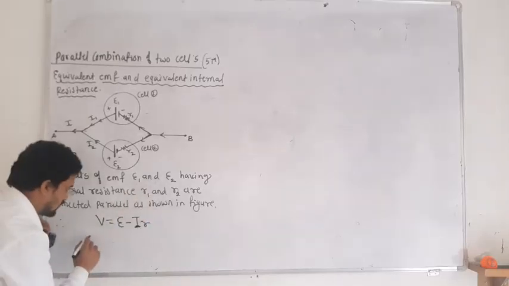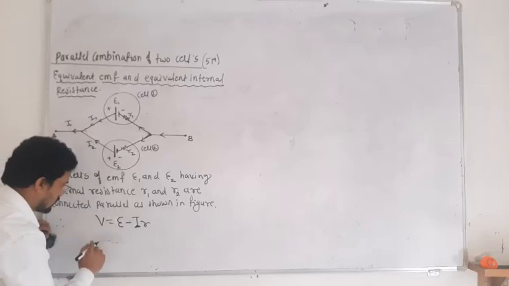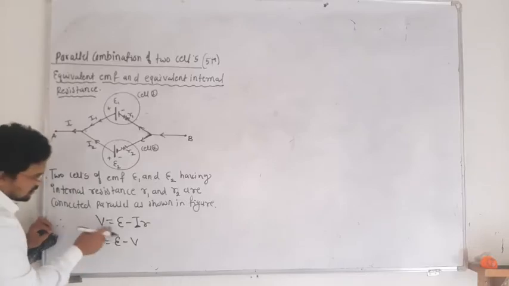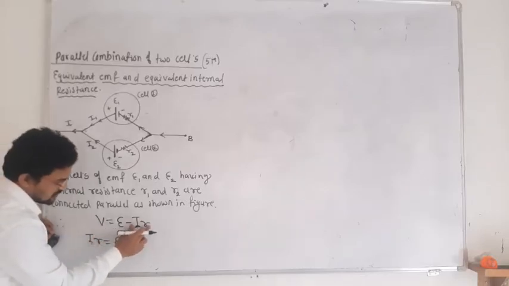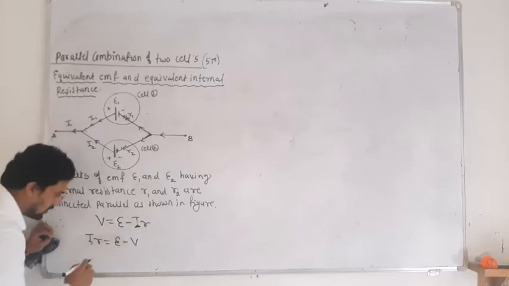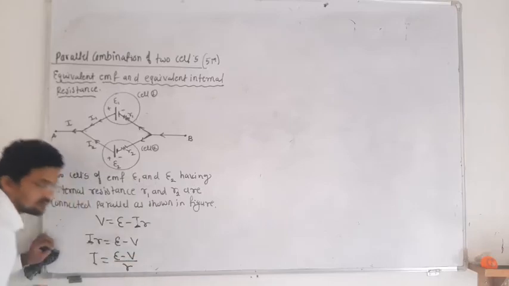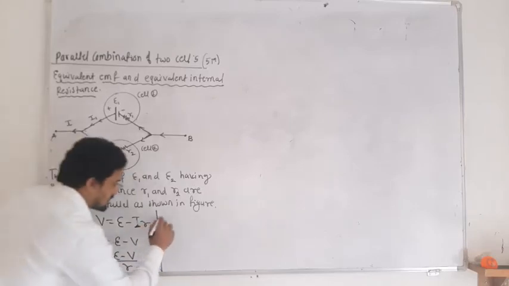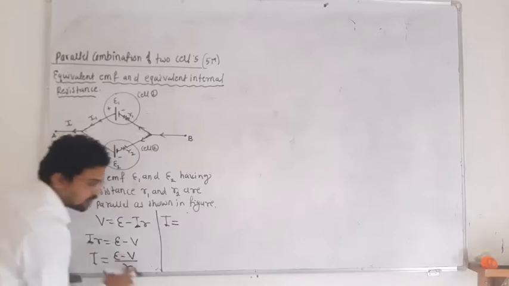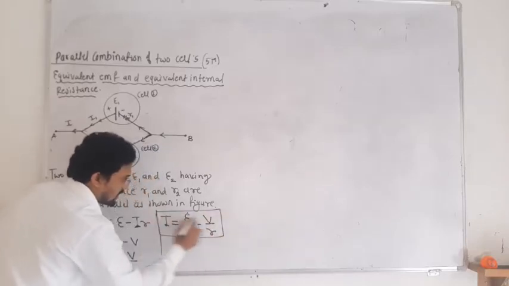IR is equal to E minus V, because we need this I. Shifting IR to one side and V to the other, IR becomes E minus V, so I is equal to E minus V, whole divided by R. Dividing R into both terms, I is equal to E divided by R minus V divided by R. This equation is what we take for I.